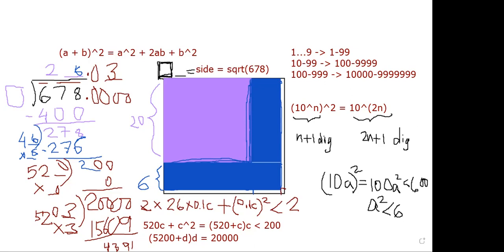Okay, that's one. And find the nearest square to 4,000.